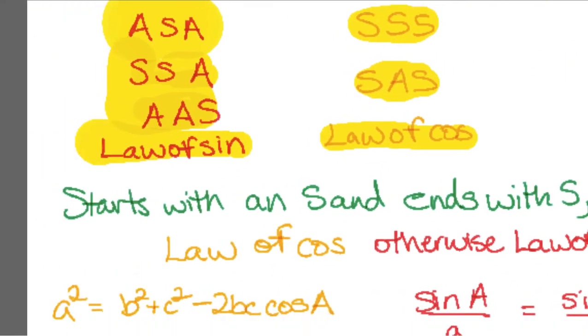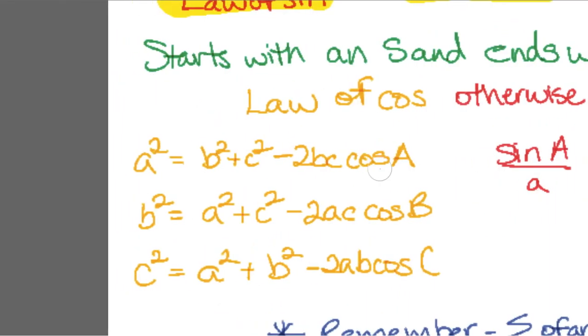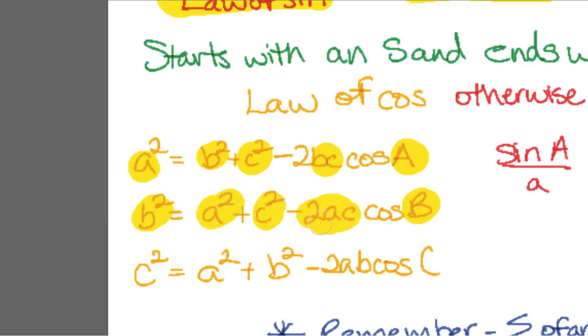All right, so what are the actual laws? Law of cosines, the way I remember it is a squared equals the cosine of that angle, but everything else has to do with the other two legs. So it's square the leg, and then twice the product, minus twice the product. So b squared is going to have cosine of the b, or beta, and then square the other two legs, then minus twice the product.